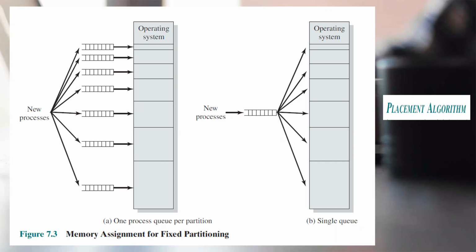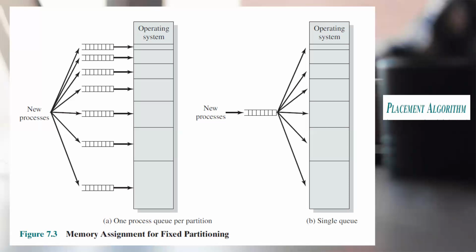In this case, a scheduling queue is needed for each partition to hold swapped-out processes destined for that partition, as what we have here with a process queue per partition. The advantage of this approach is that processes are always assigned in such a way as to minimize wasted memory within a partition, or the internal fragmentation.